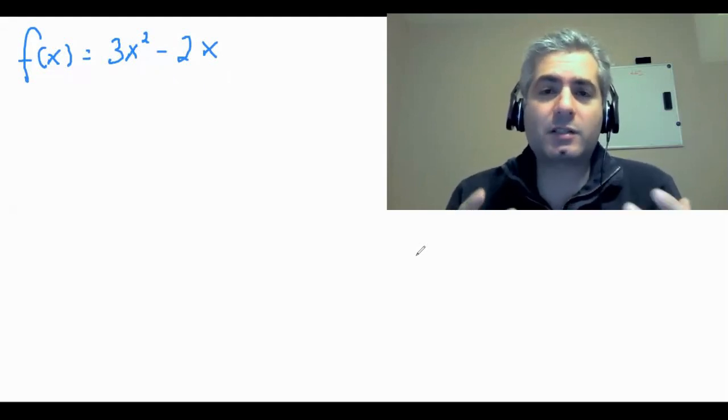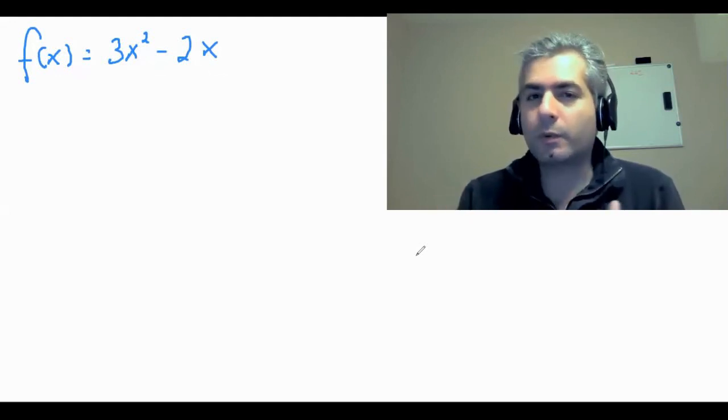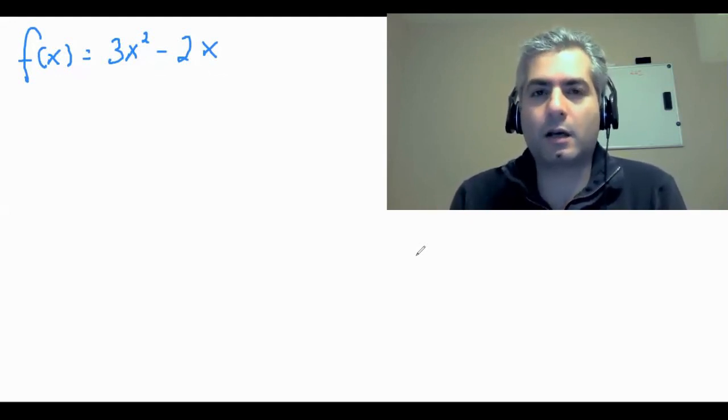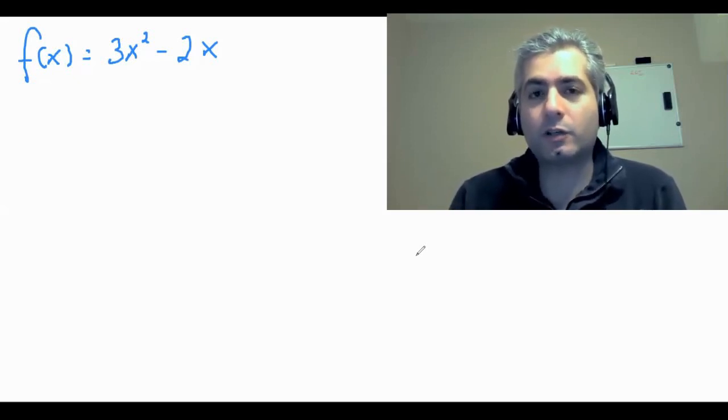And that's all great and awesome if we know the particular point where we want to find that instantaneous rate of change. But a lot of times we want to determine the function or something along the lines that we can use for any point along a given graph.